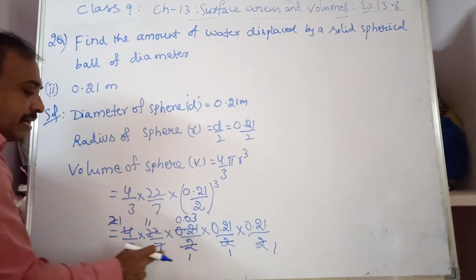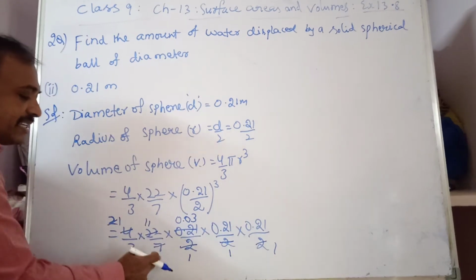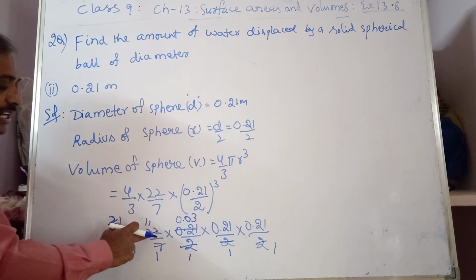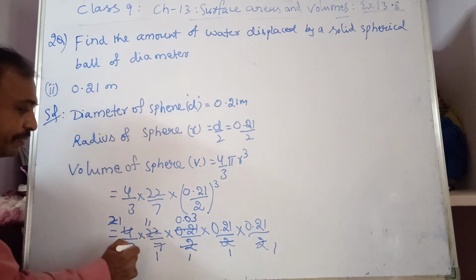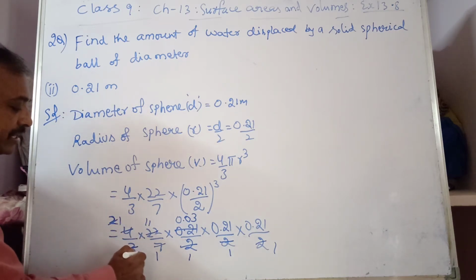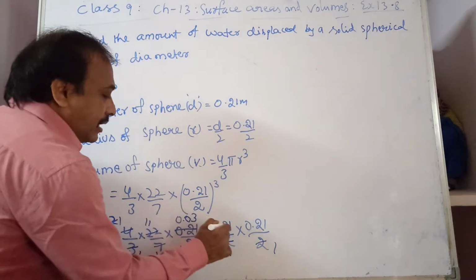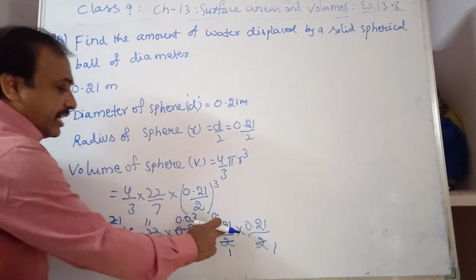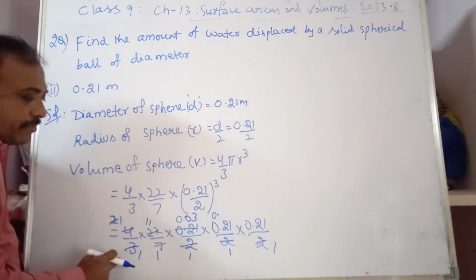So here in the denominator all these 2's and 7 get cancelled. 3 is left over. Here in the numerator we have 4 and 22, so we have 11 over here. Now with the 3 table, you see. 3 ones are 3. Is 2 divisible by 3?